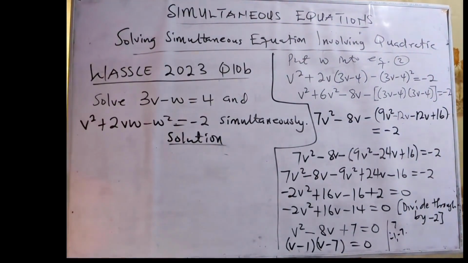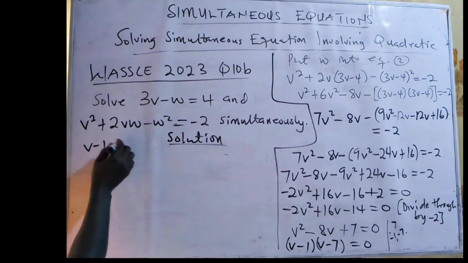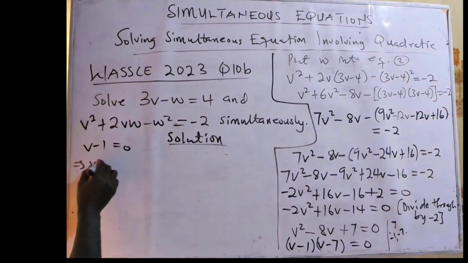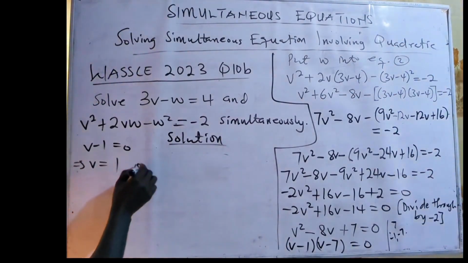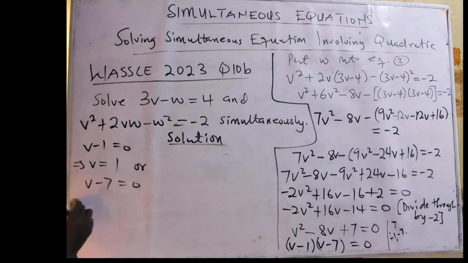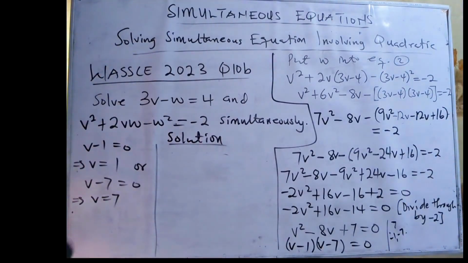So it means that v - 1 = 0, which implies v = 1, or v - 7 = 0, which implies v = 7. So either v is 1 or v is 7, but we have to find the value of w.